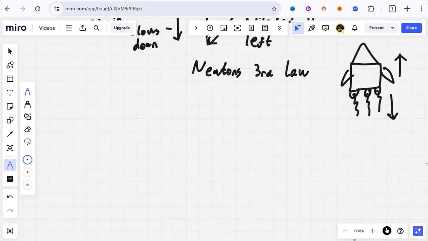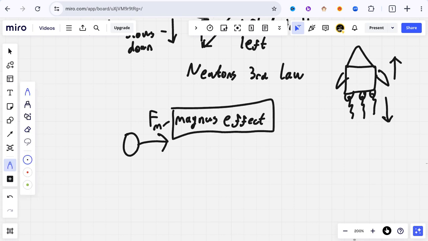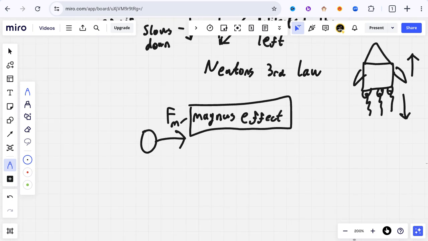So all of this causes a net force on the ball to the right. I'll call it Fm, and the M here is for the Magnus effect. This entire phenomenon is known as the Magnus effect.